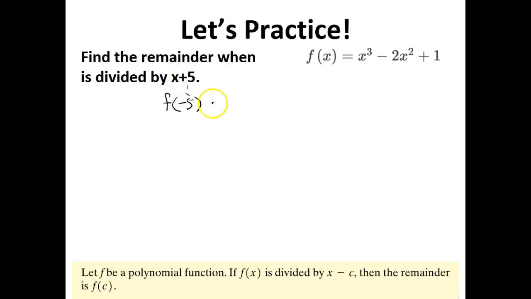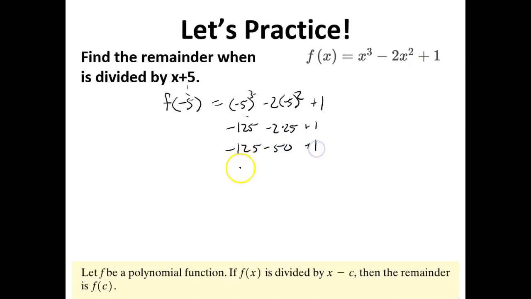If we put negative 5 into this function, we would get negative 5 to the third minus 2 times negative 5 squared plus 1, or negative 125 minus 2 times 25 plus 1, which is negative 125 minus 50 plus 1, or negative 175 plus 1, which is negative 174.